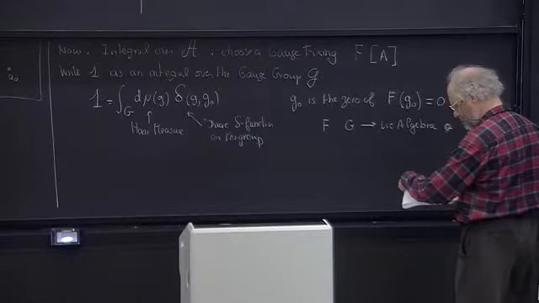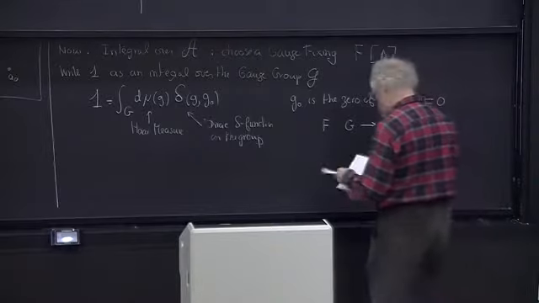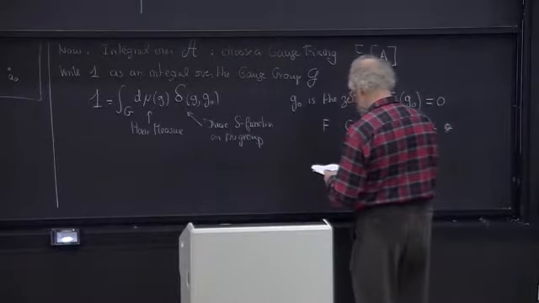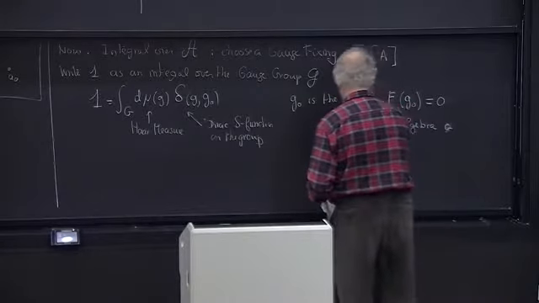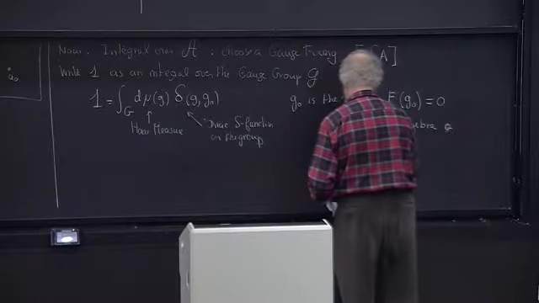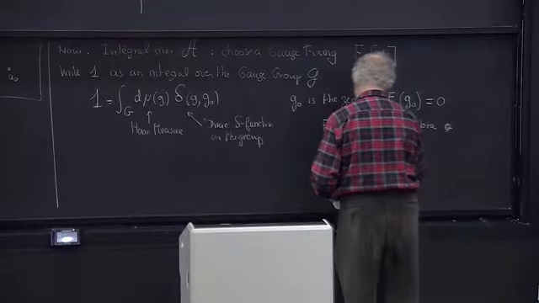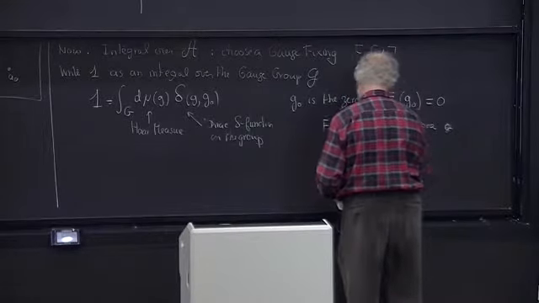Okay. So this means that you can write f of G as a collection of functions, which can be written as fA TA.